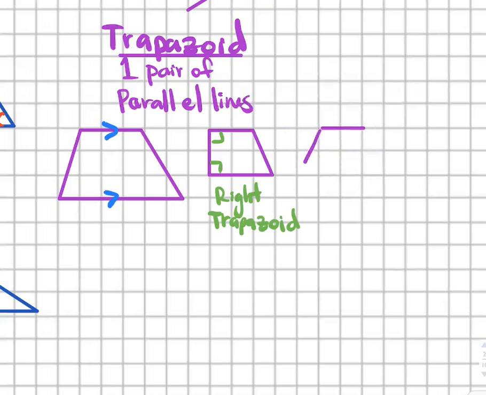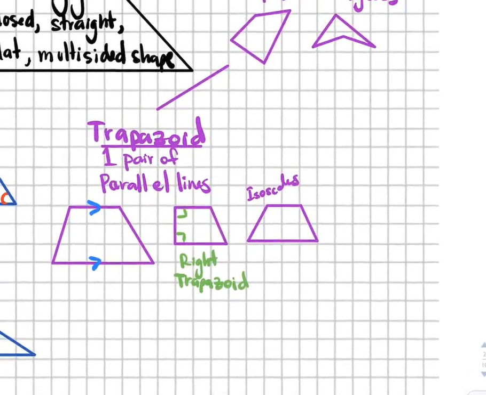Isosceles trapezoids are symmetrical. If you continue the sides, it would make an isosceles triangle. That's what an isosceles trapezoid looks like. So this one is isosceles. Isosceles trapezoid.